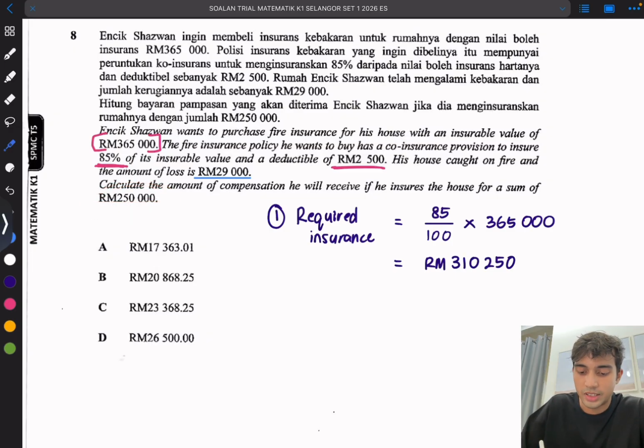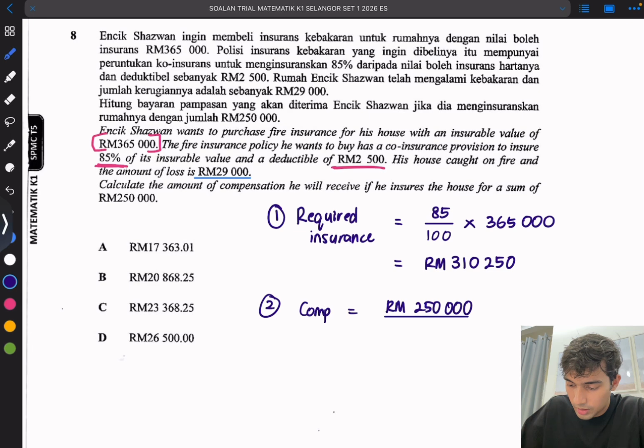So during the damages, the insurance company won't give him the full amount. They will give him the fraction of how much he purchased. So the compensation will be the fraction of how much he purchased out of the total he's supposed to purchase.